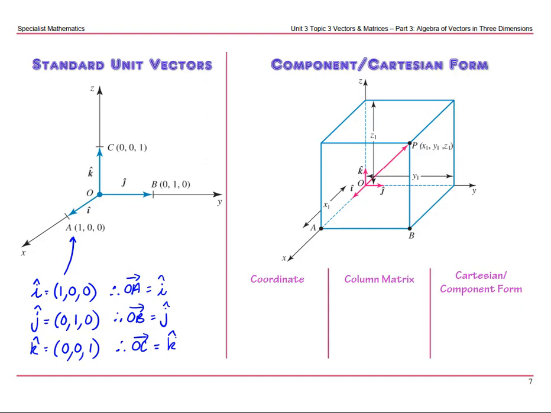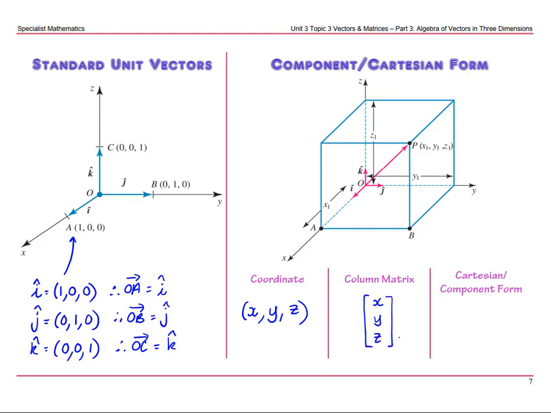Now, terminology, component Cartesian form. Firstly, the coordinate we've dealt with, that will be our x, our y, and our z. In terms of a column matrix, we could write it as x, y, z.